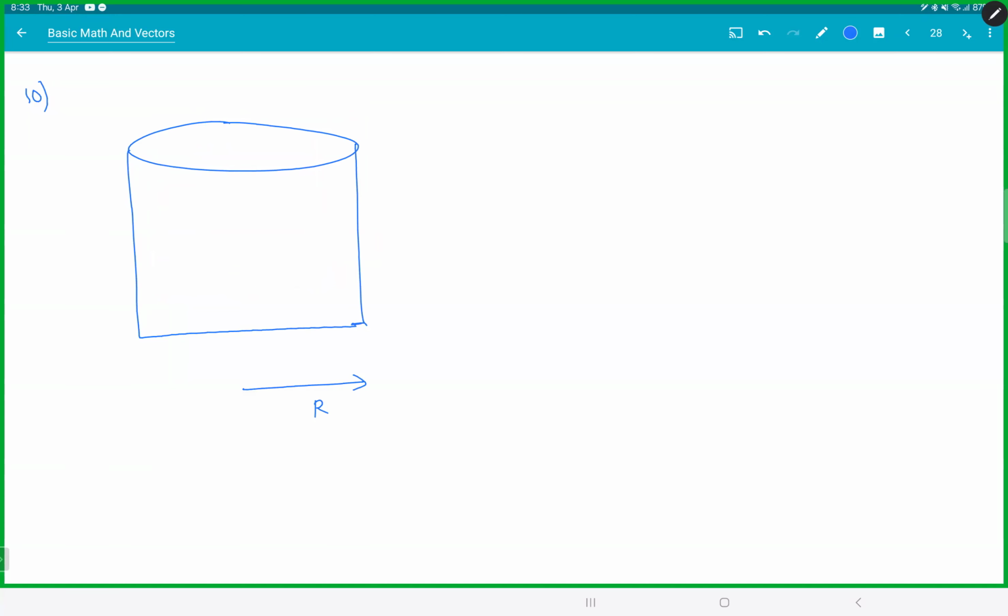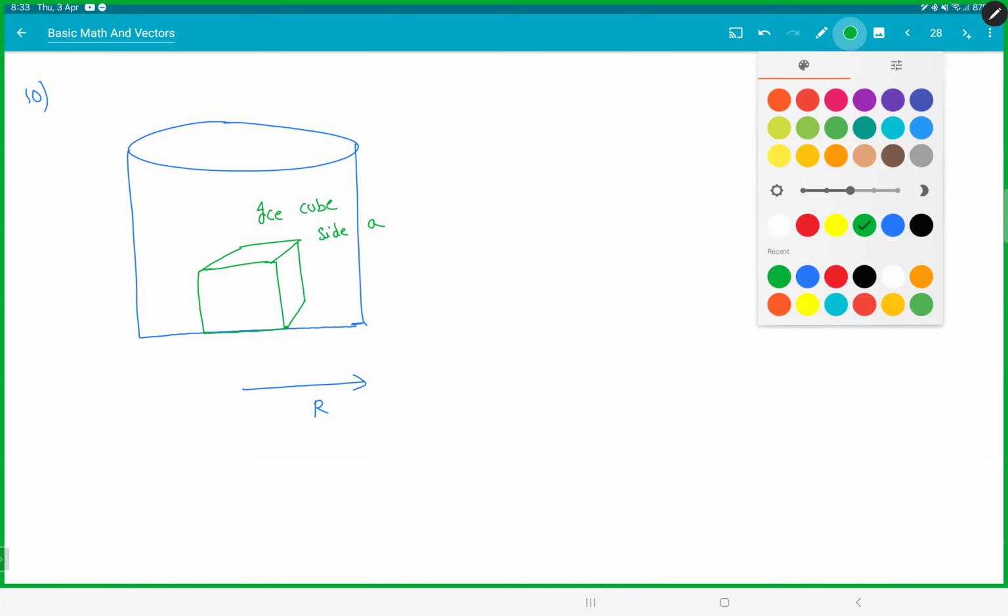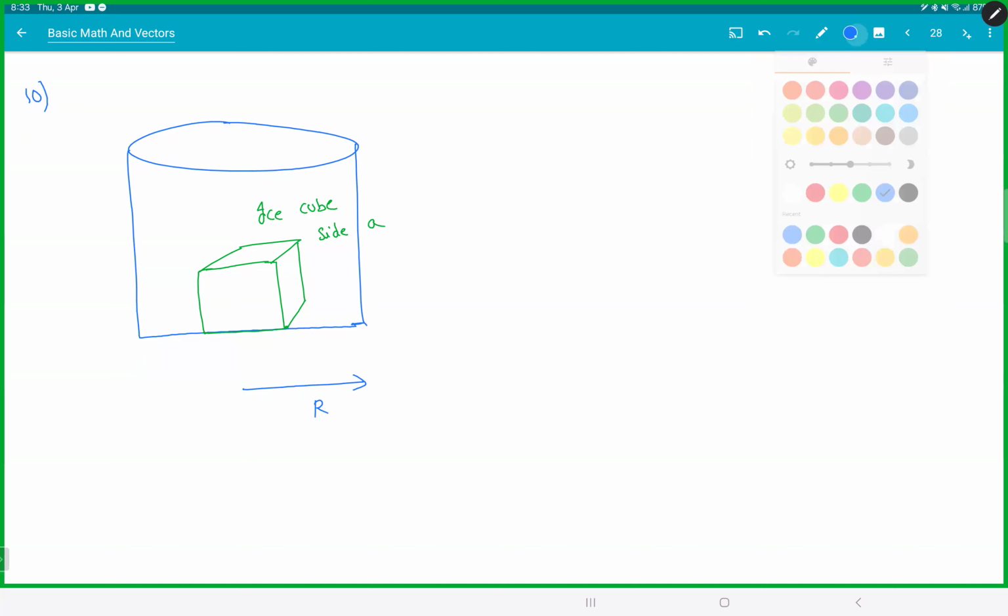The radius is R. Inside the cylinder, there is an ice cube of side, let's say A. I'll keep everything in variables. I can put numbers, but okay.